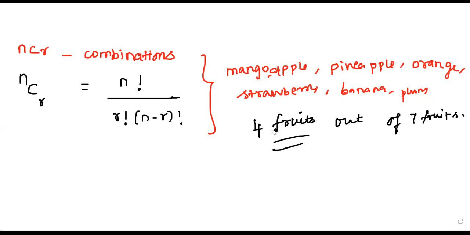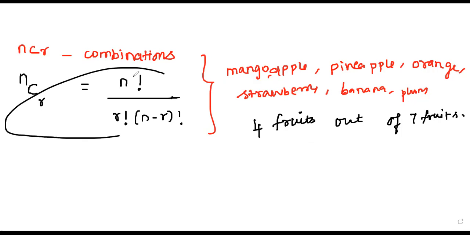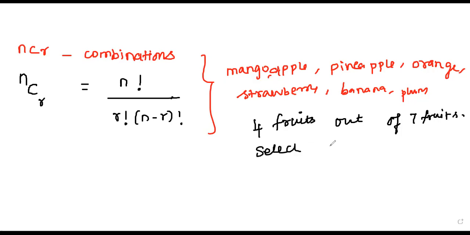In case they're asking you to find the number of possible combinations, you will use this formula for finding the number of combinations. So you're going to select 4 fruits out of 7 fruits, isn't it?